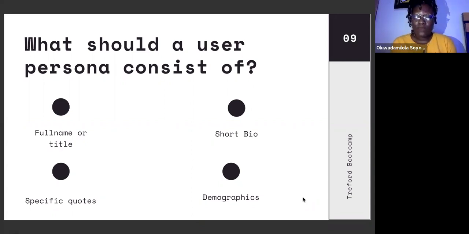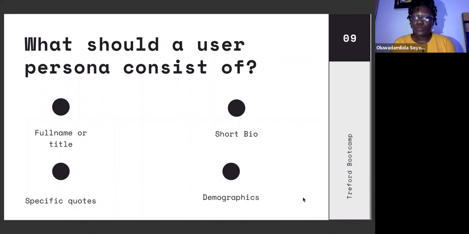Pick a name, be specific about it, and also pick a title. Is the person a driver? Is the person a passenger? Pick a direct or specific title so that we know what type of classification you are using to segregate your persona.